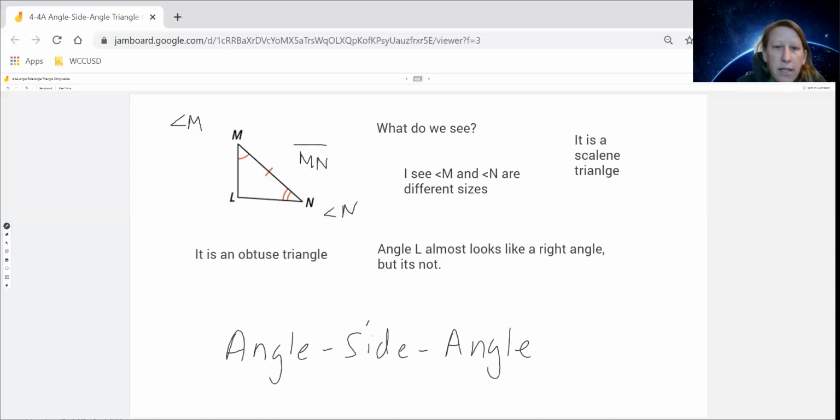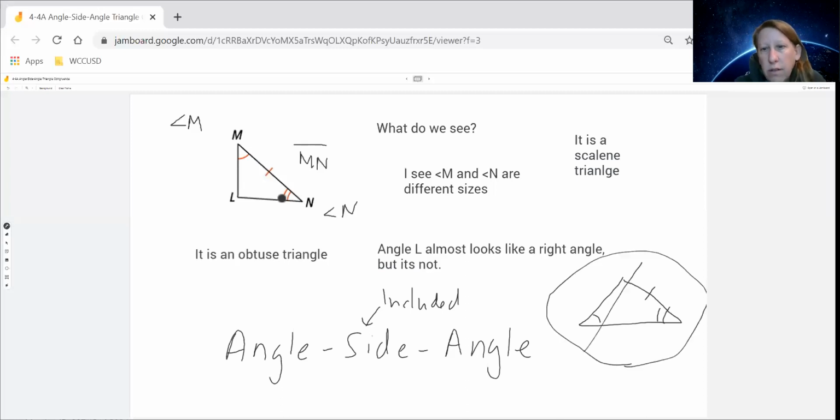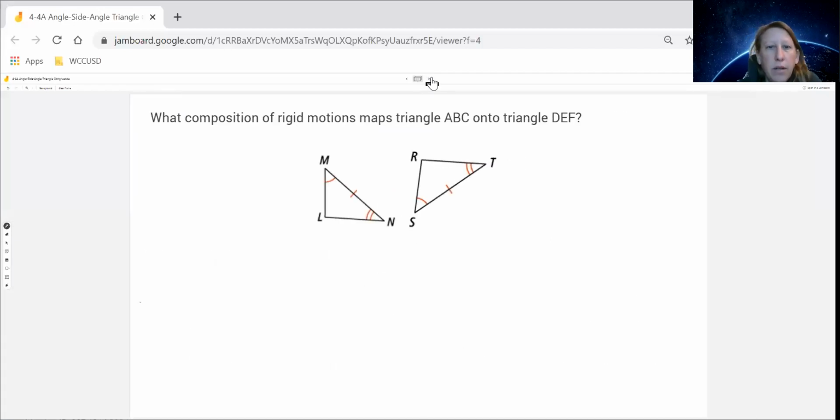So this is the included side. That's different than if you had a picture of a triangle and it was marked like this. If I had this angle and this angle and this side, this would not be angle side angle. This would be something else. So when you look at these problems, you want to decide if the side is included or not included.